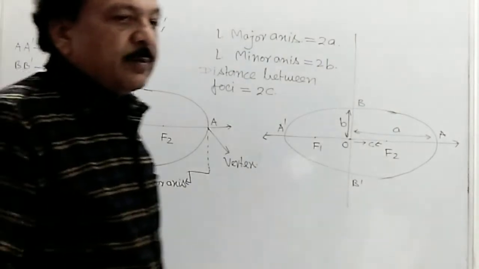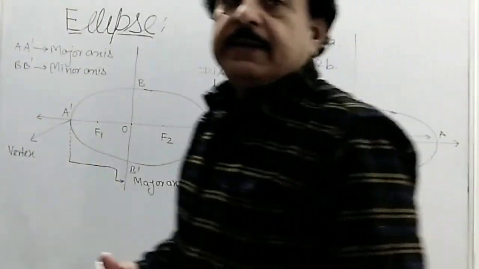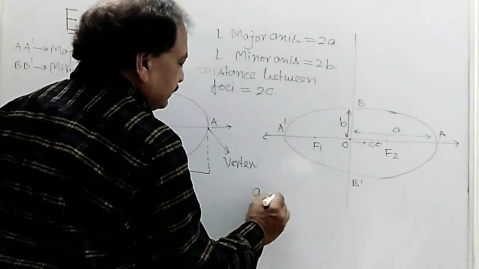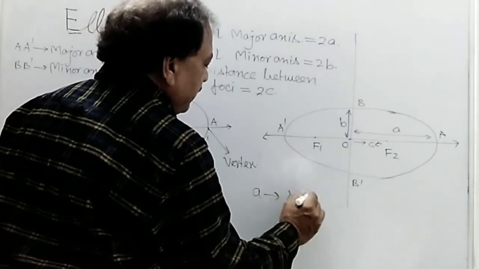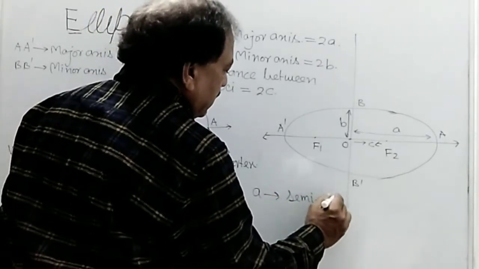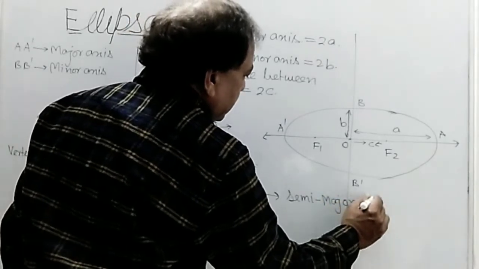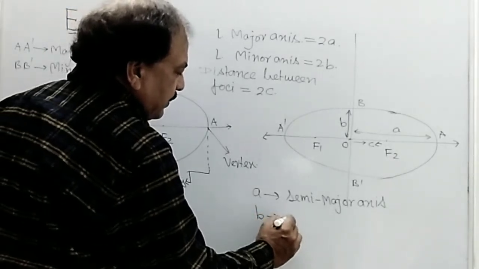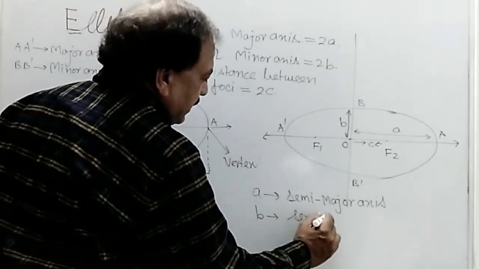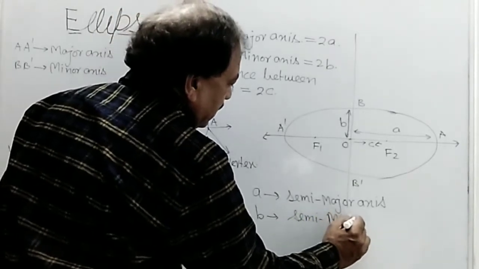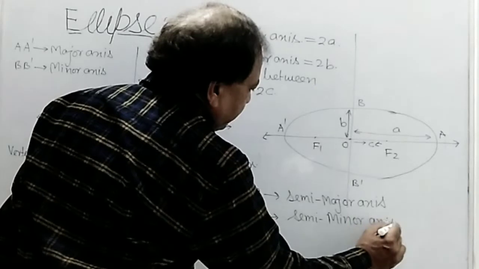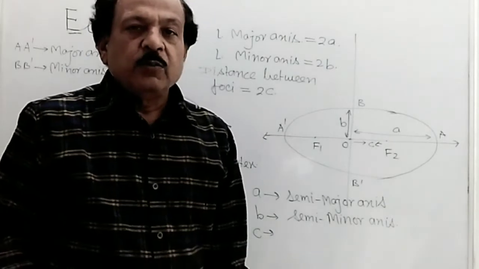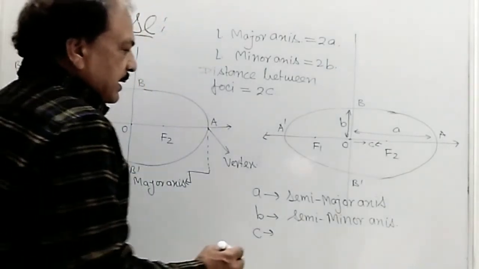The distance between the foci is 2C. A is the length of the semi-major axis, B is the length of the semi-minor axis, and C is the distance of one of the foci from the center of the ellipse.